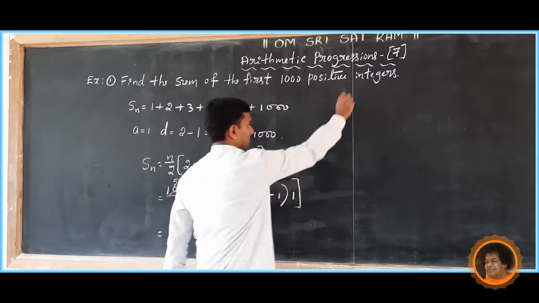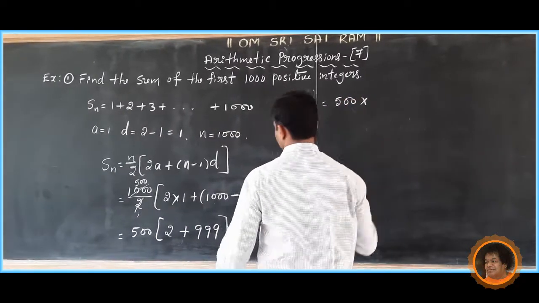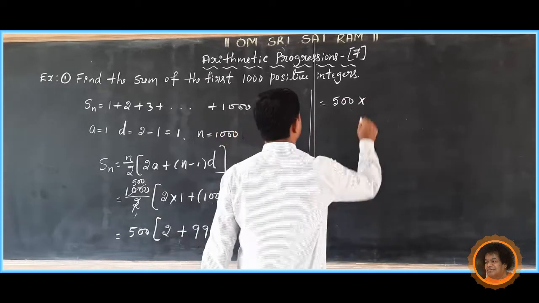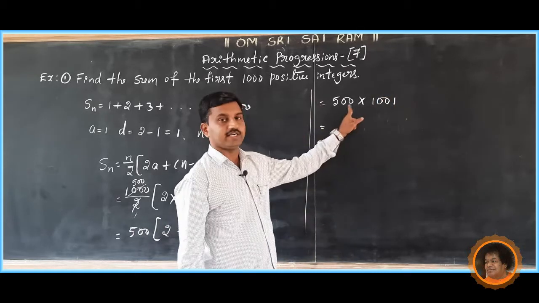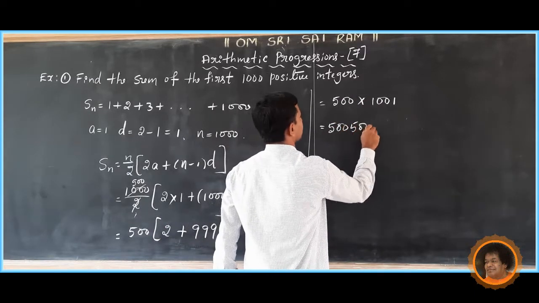So 500 into 999 plus 2 means 1001. Now multiply 500 into 1001.